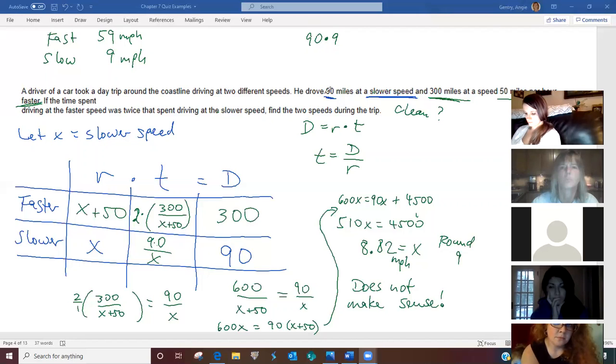I'm gonna say 90 miles at 9 miles per hour plus 300 miles at 50 miles per hour faster, if the time spent driving at the faster speed was twice that spent driving at the slower speed. So would that make sense?